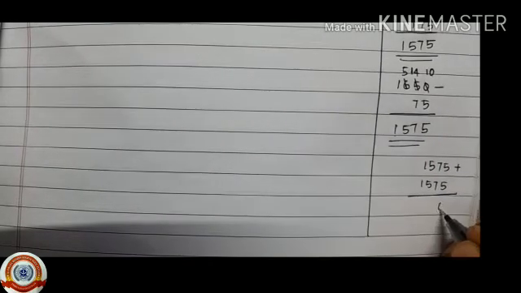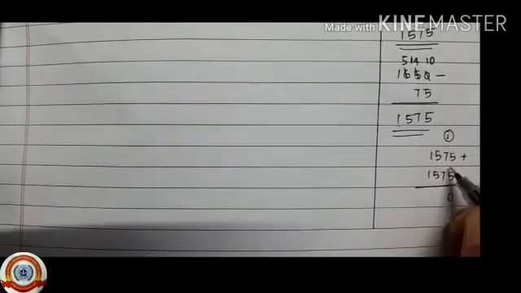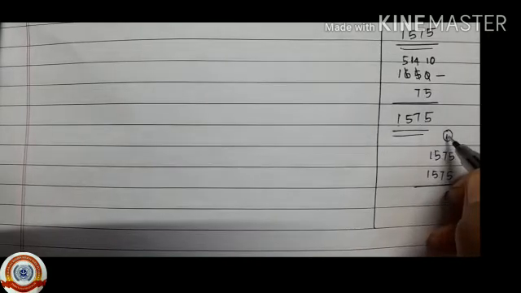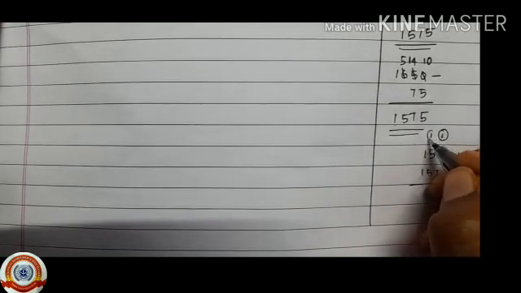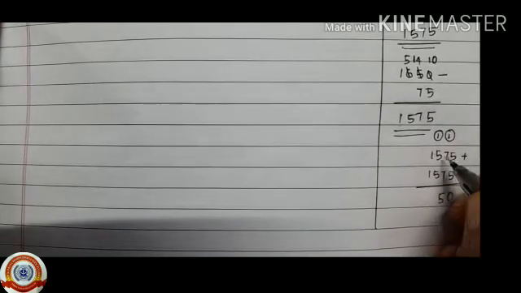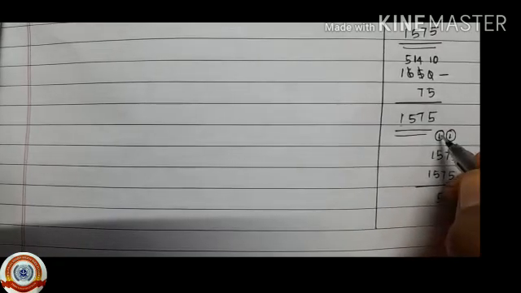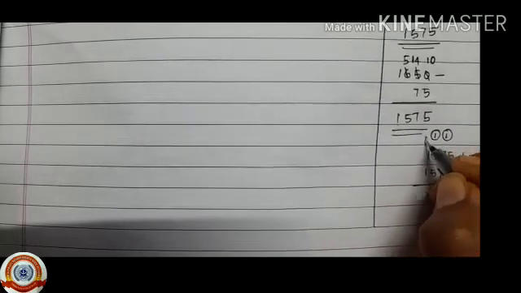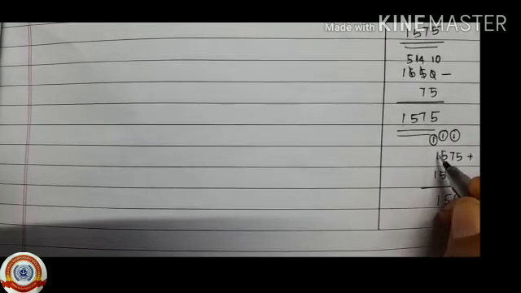For 10, 0 here, 1 is to be carried in the tens place. 7 plus 7, 14. Plus 1, 15. For 15, 5 here and 1 is to be carried in the hundreds place. 5 plus 5, 10. Plus 1, 11. 11, 1 here and 1 is to be carried in the thousands place. 1 plus 1, 2.